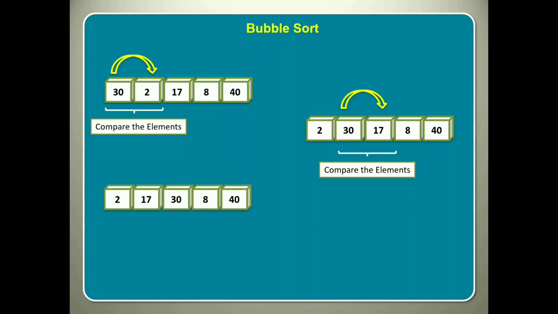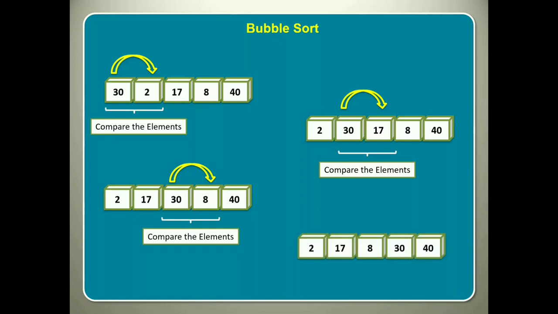Step 3. Compare 30 and 8. These are again swapped. Now the list becomes 2, 17, 8, 30, 40. Step 4. Compare the last pair, that is 30 and 40.